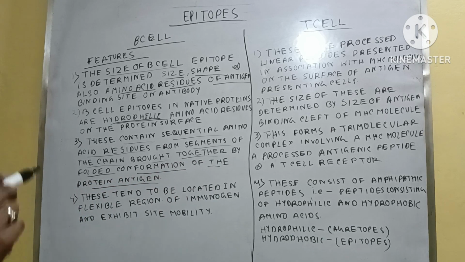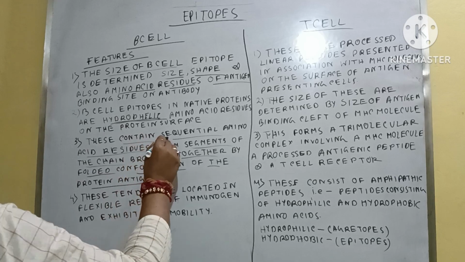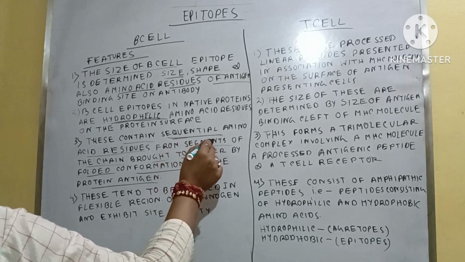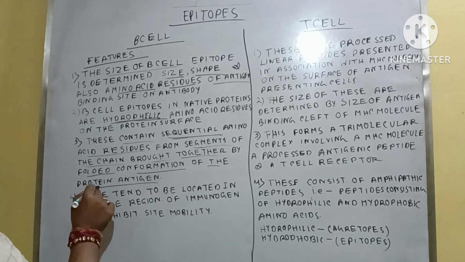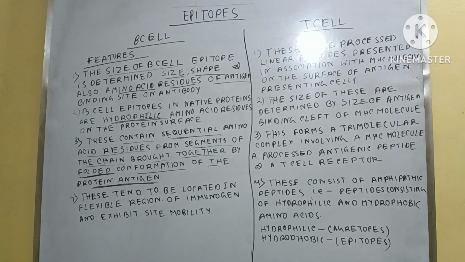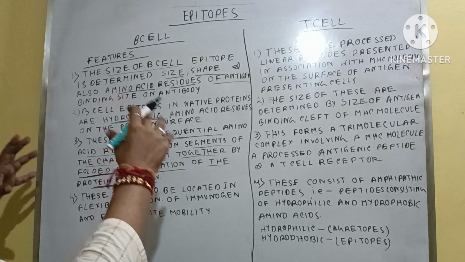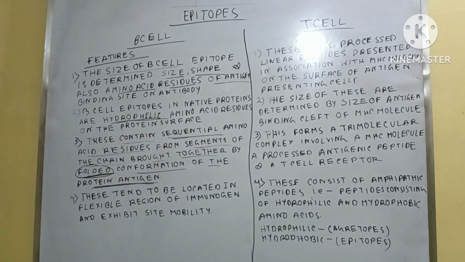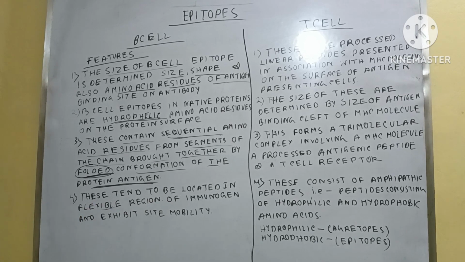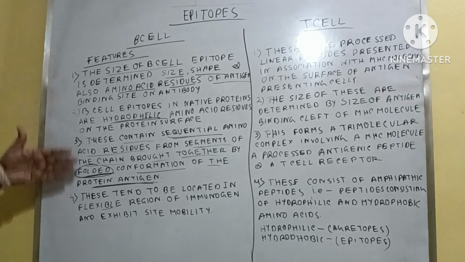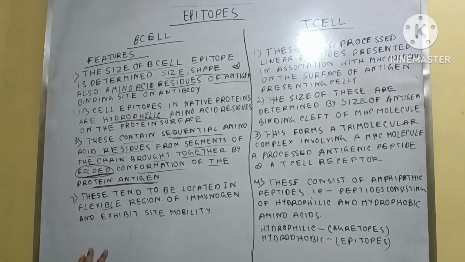The amino acids come close together and form the folding structure. Generally B cell epitopes remain in the flexible region. So these are the four features. There are many other features, but I have written only these four here.